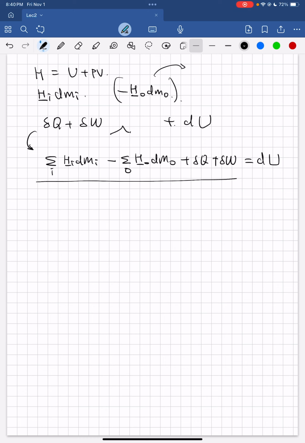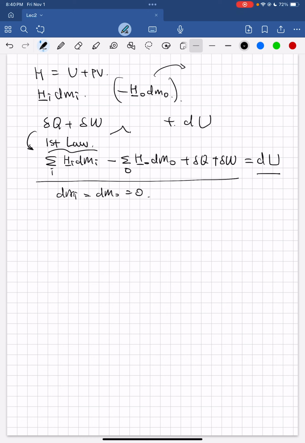The energy is conserved again. Of course, energy is conserved all the time. That is the first law. Modified, this is the general equation of the first law for an open system, right? If it's a closed system, dmi equals dm out equals 0.